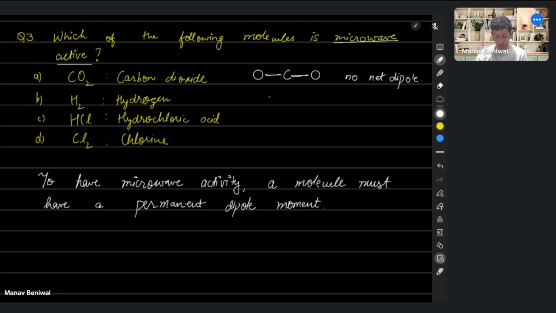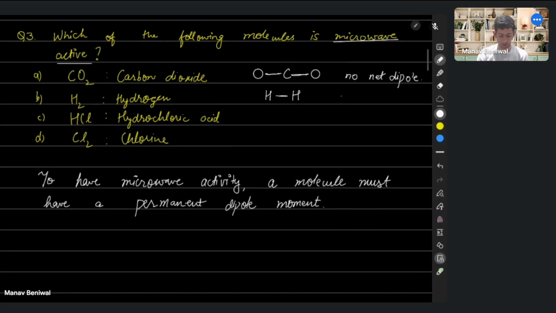Similarly, hydrogen is also H and H, symmetric about the center, so also no net dipole. Same as hydrogen, we can also do chlorine, and again it will have no net dipole.